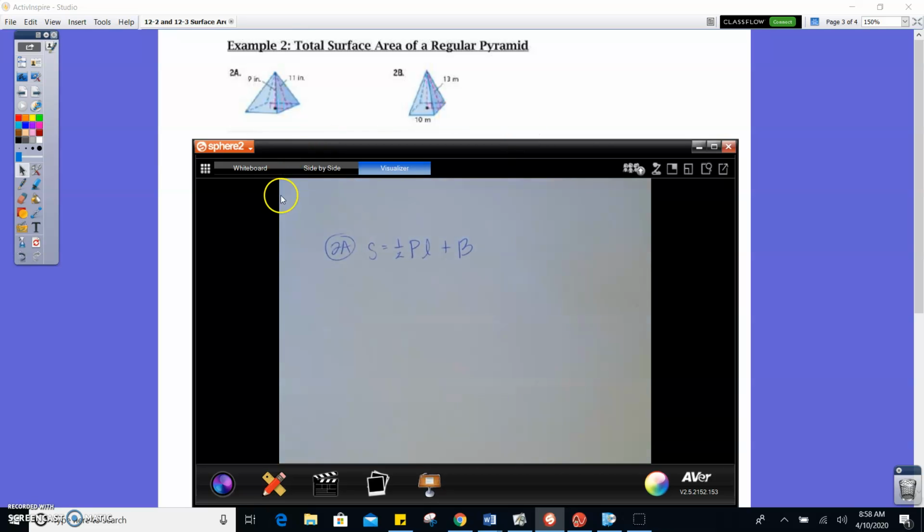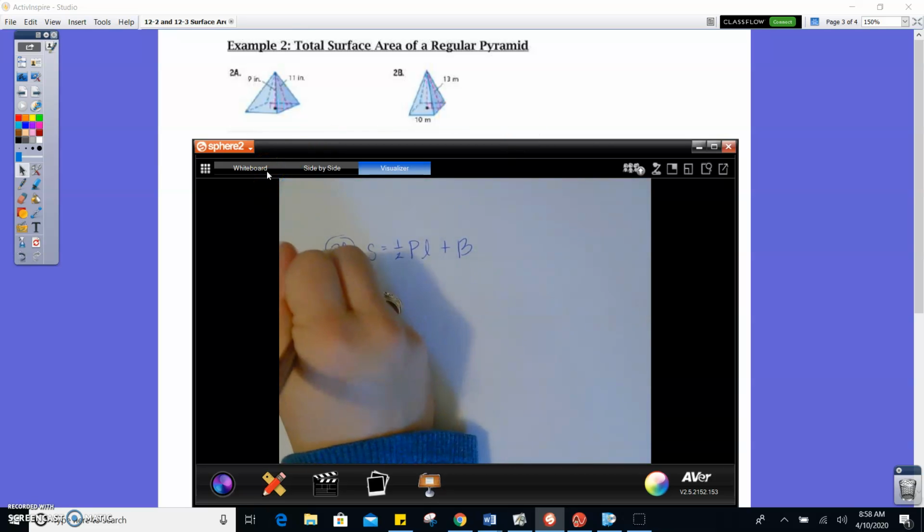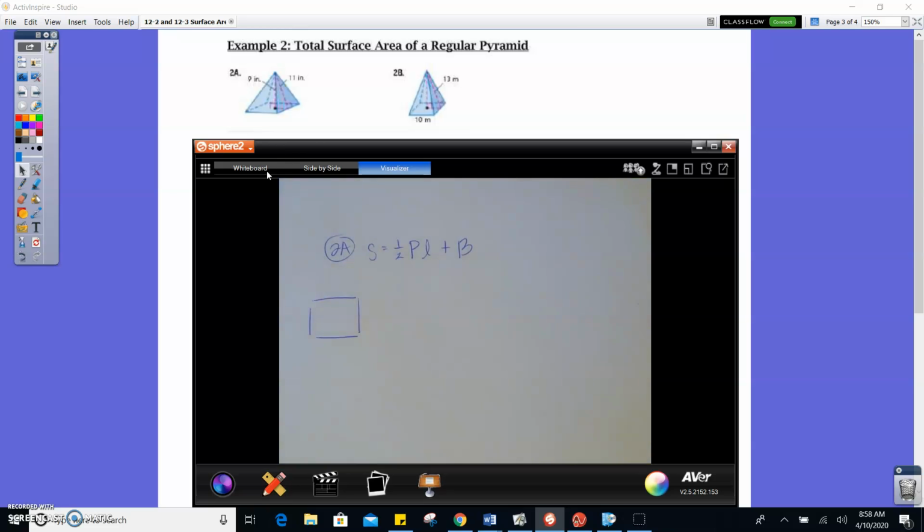So if you notice, my base is a square. It's a square pyramid. I do not know my base length, so I cannot find my perimeter of the base yet. I do, however, know the height of the entire pyramid, and I know the slant height. Those two dimensions form a right triangle with half of what would be my side length.